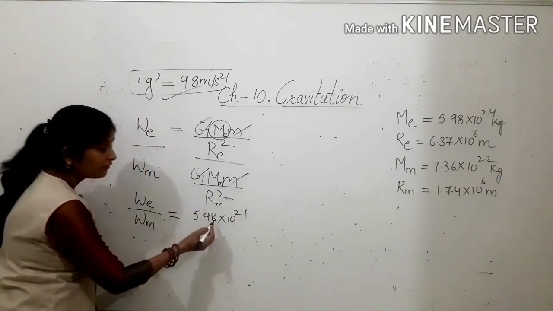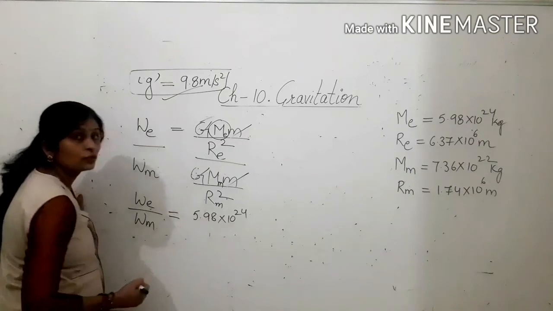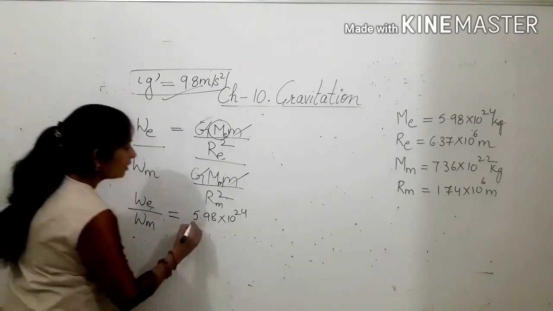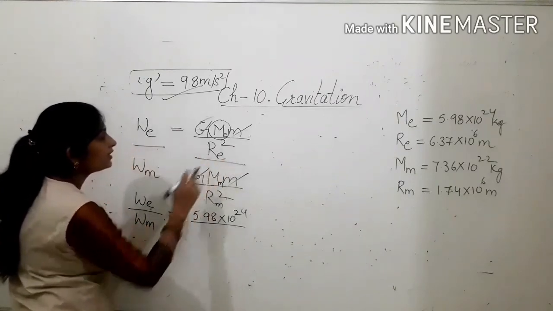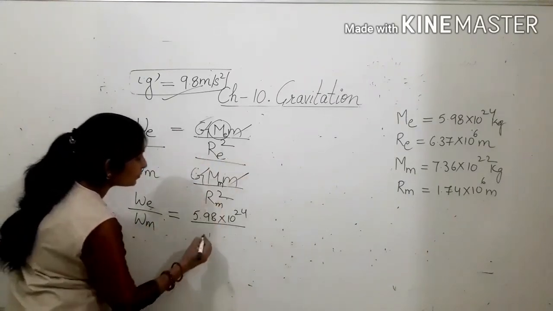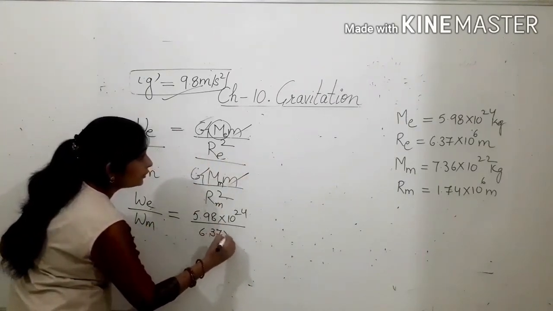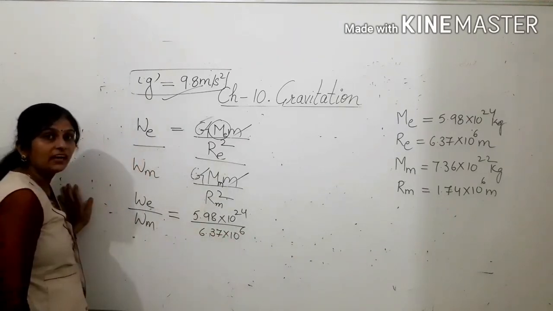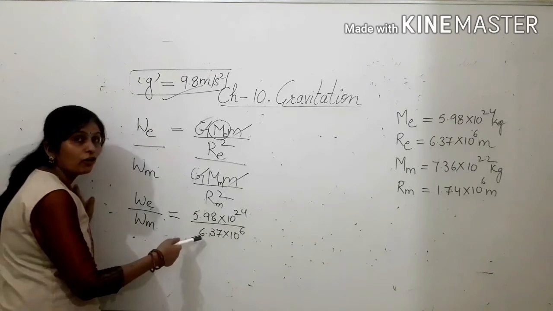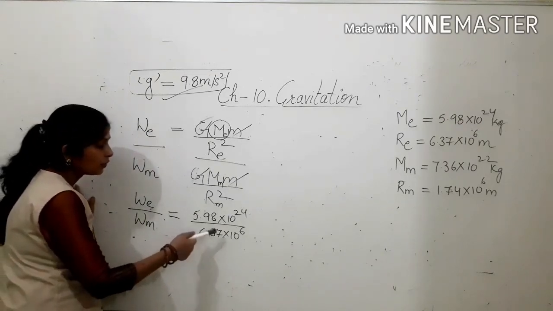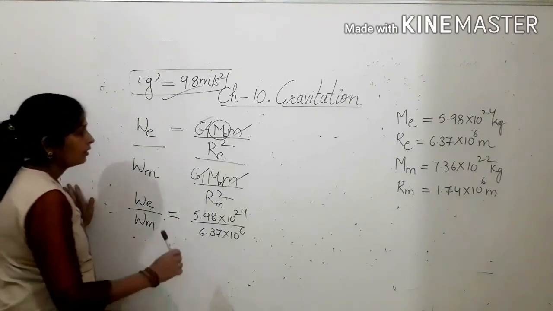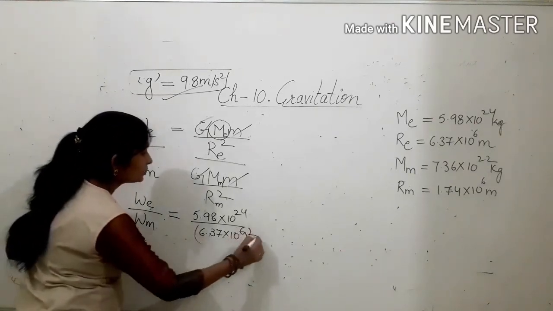In round figure we can write 6 into 10 to the power 24 kilogram, which we have written previously, upon radius of the earth, that is 6.37 into 10 to the power 6. Previously I have written its rounded off form, that is 6.4 into 10 to the power 6, square.